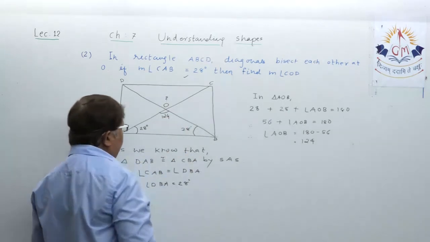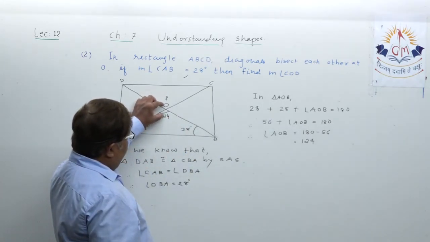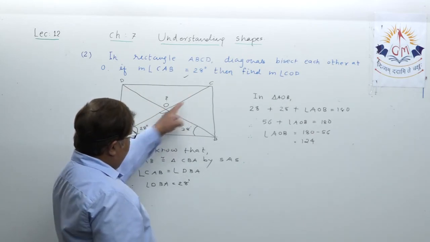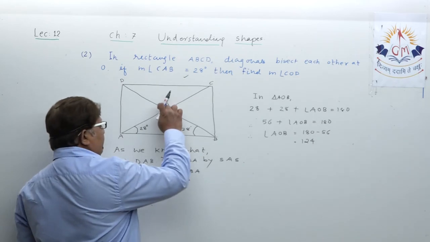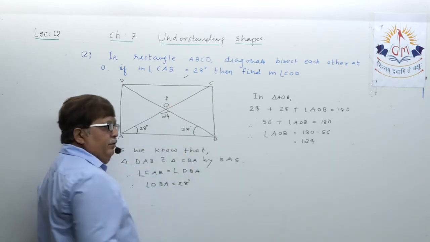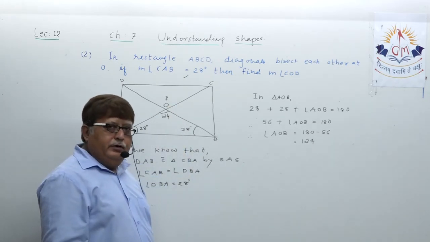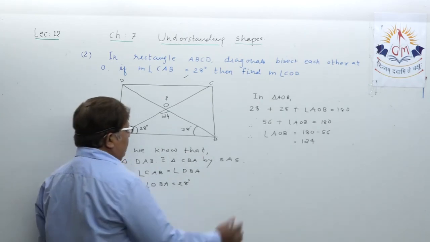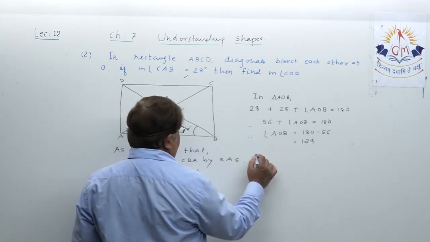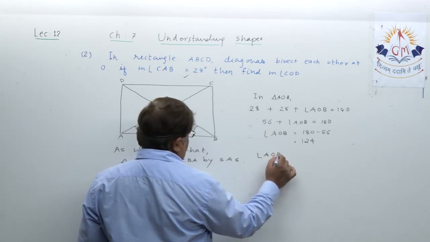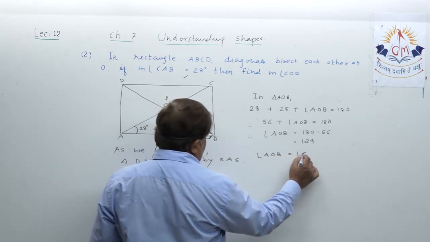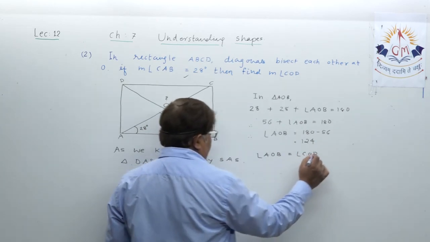And now, dear student, as you know, this cross, vertically opposite angles are always congruent, that you already studied in the previous standard. Therefore now what you can write, angle AOB equal to angle COD.